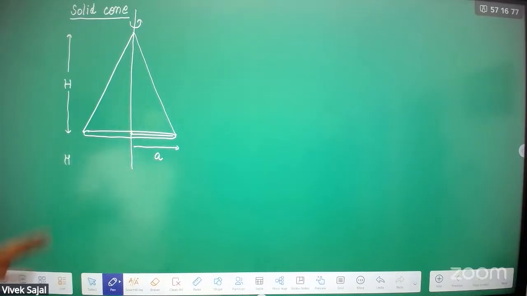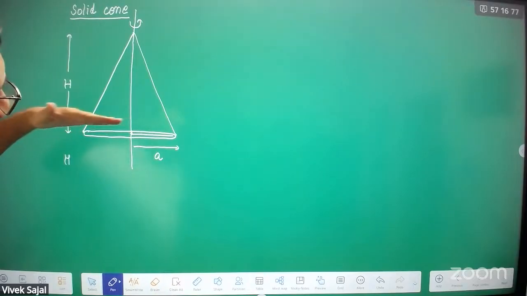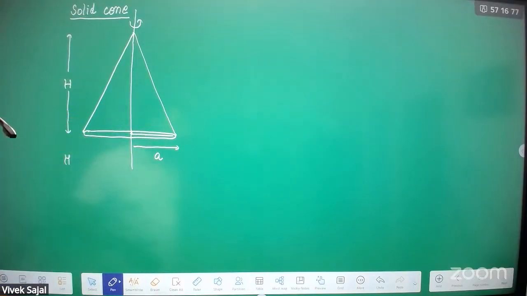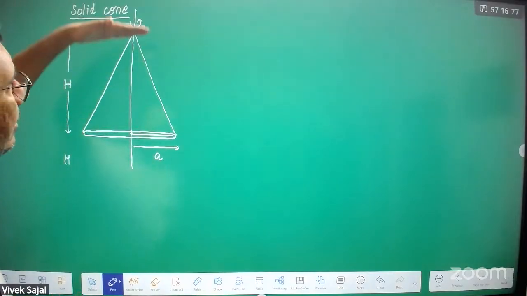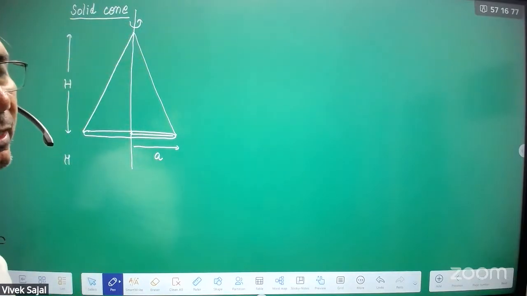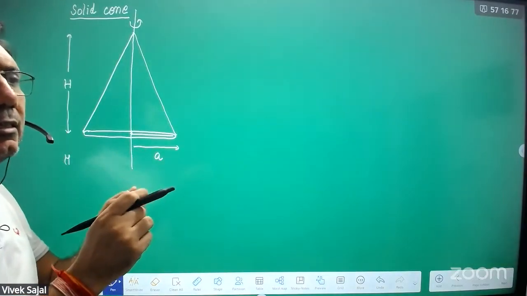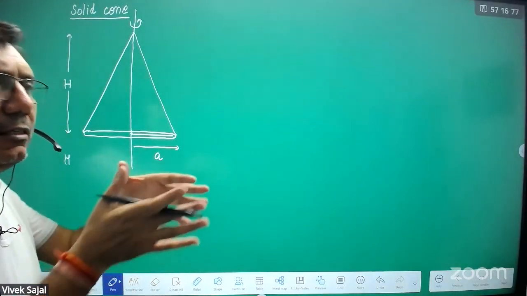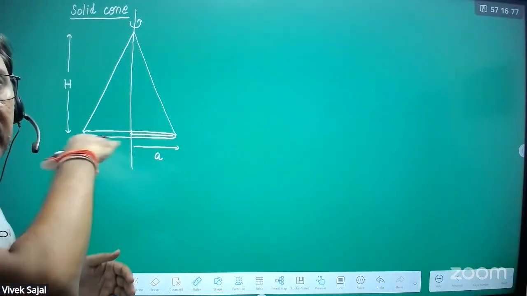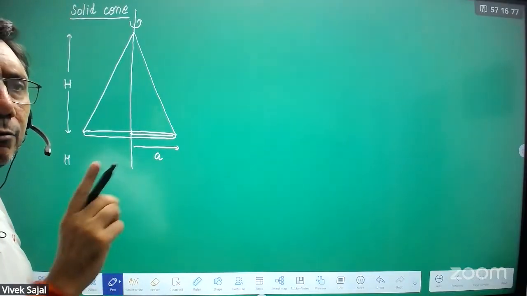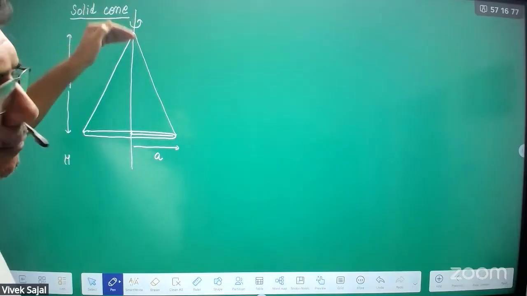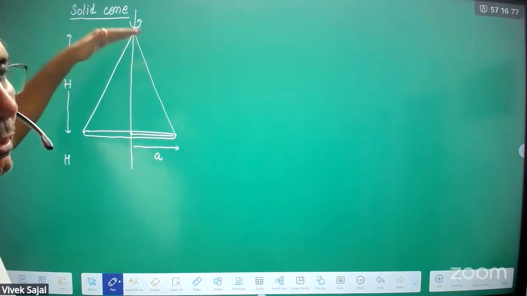So for this, can I cut it into slices? If you cut this cone into slices, then you are going to get plates. If the thickness of the plate is very, very small, then you can say that this is made up of an infinite number of plates whose radii are different. The radii of these discs, which will be formed by slicing this cone, will be different, but you are going to get a very large number of discs.